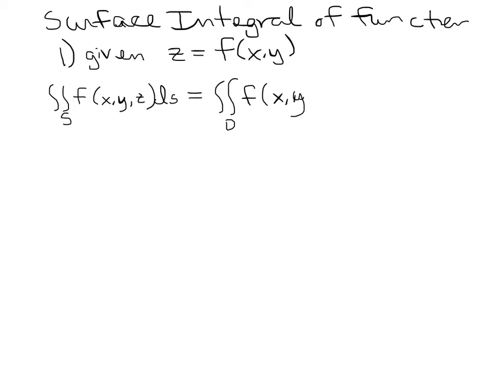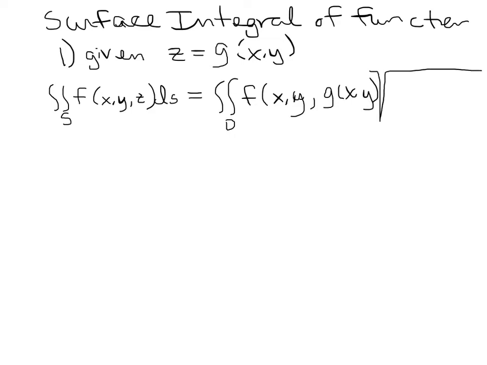Oh, do you know what? I need to use a different function here. I have two f's going on, and that's a little confusing. So let me back up, and let's call this function, it's the z, let's call that g instead of f. Okay, so then our function would be a function of x, y, and then for z we'd have to plug in that function g. So we would make our function all in terms of x and y, and then we would have to multiply that by the surface area calculation.